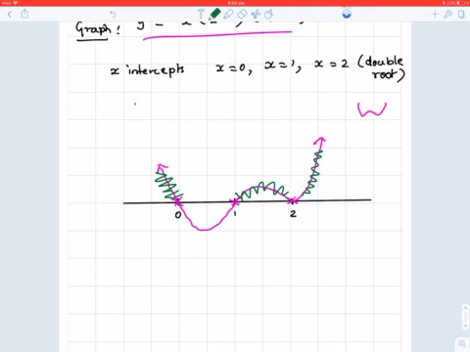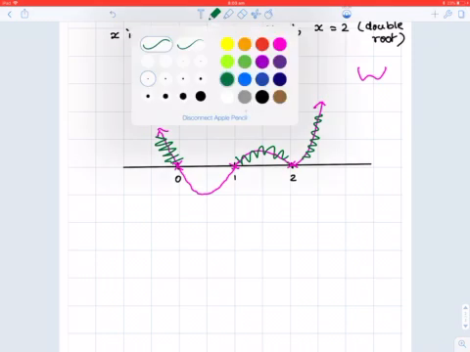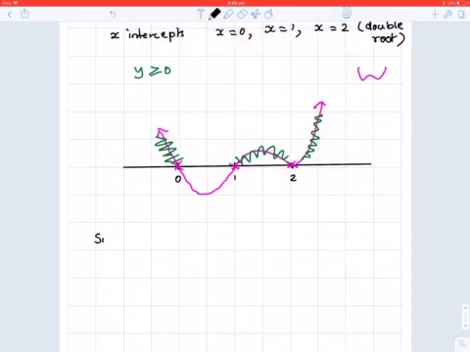Because it's more than or equal to 0, these are the parts I need to shade. This is my answer, because y is more than or equal to 0 only on those values.